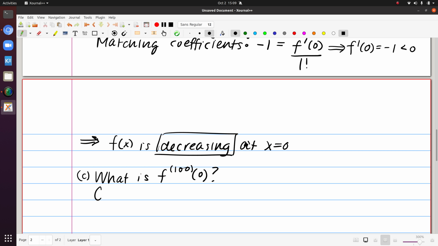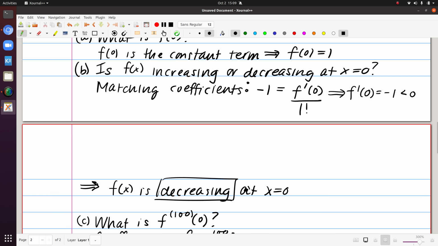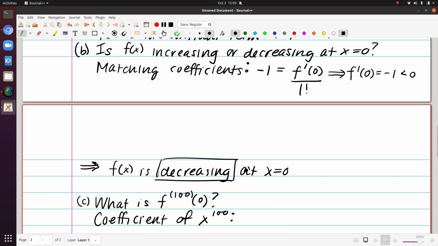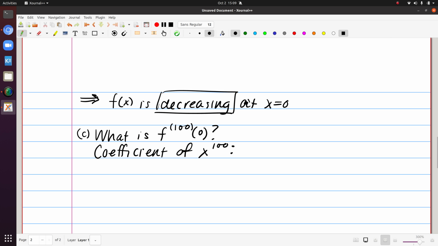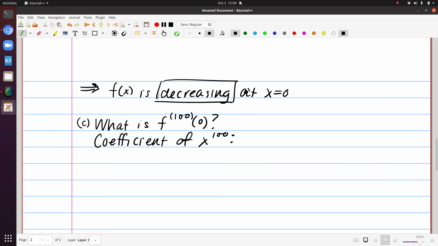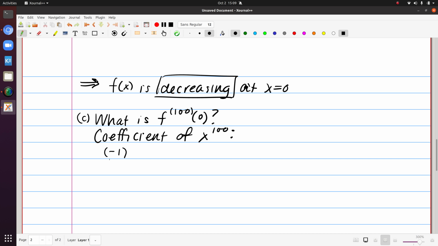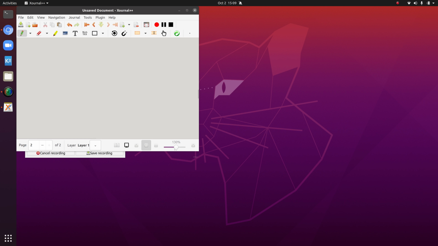So the coefficient of x to the 100, we're trying to match those. And when we look at our series there, when I plug in k equals 100, I'm going to get -1 raised to the 100th power times 100 plus 1 divided by 2 raised to the 100th. That is the coefficient of x to the 100th that I pulled from my sigma notation.